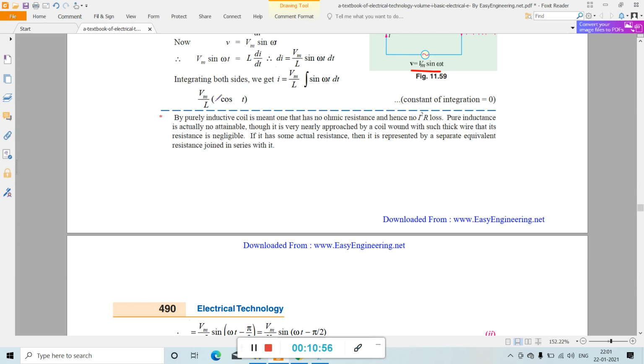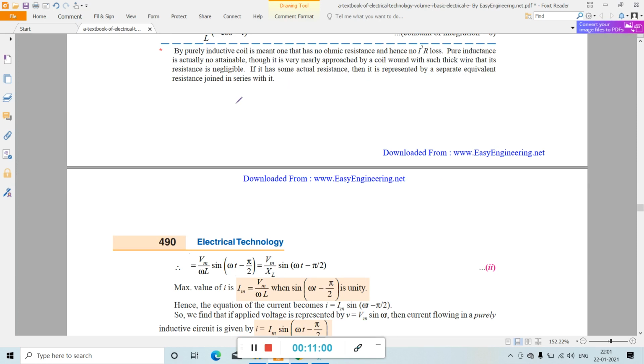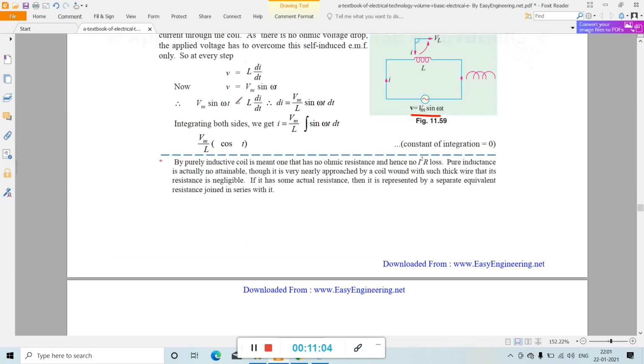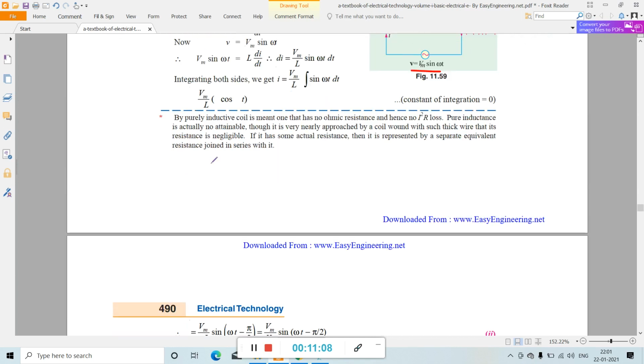This is equal to Vm by L cos ωt, and on integration, this ω comes here as a divisor.